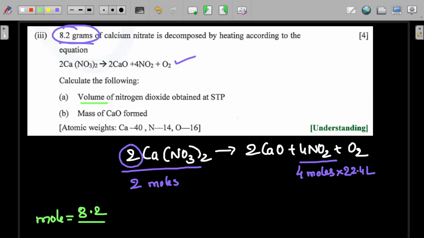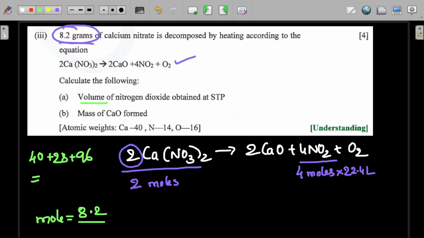So calcium nitrate, molecular formula: 40 plus nitrogen 2 will be there, correct? 28, plus oxygen 6 are there. 6 into 16, how much? 96.